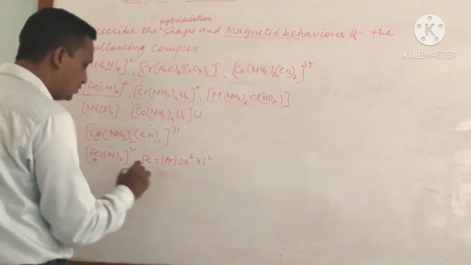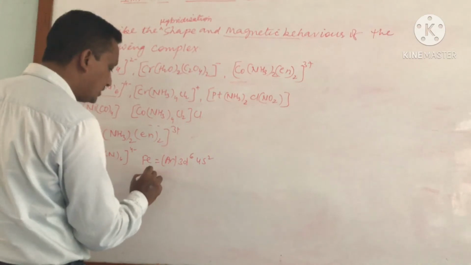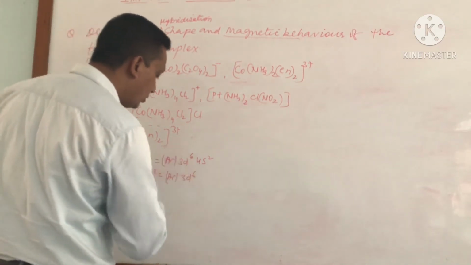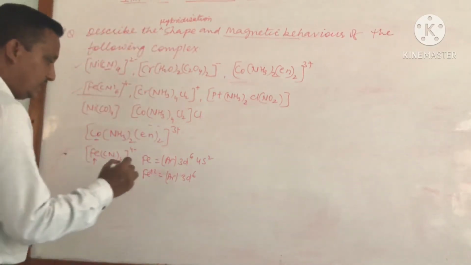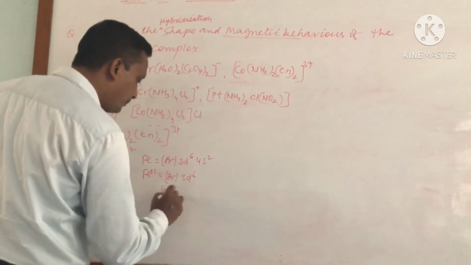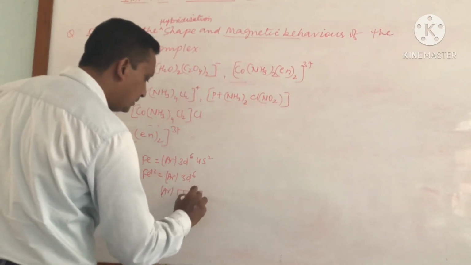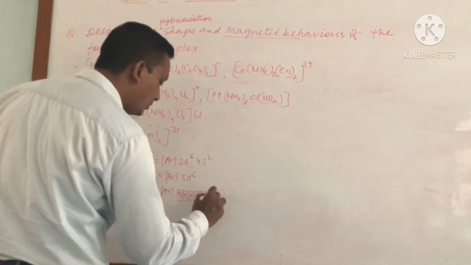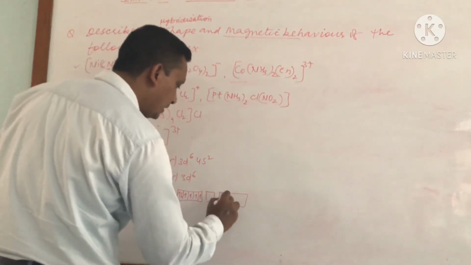In this complex, iron is in the +2 oxidation state, so we remove 2 electrons and it becomes 3d6. We can write argon and the d subshell like this: 1 2 3 4 5 and 6. The s orbital would be vacant and the p orbital would be vacant.